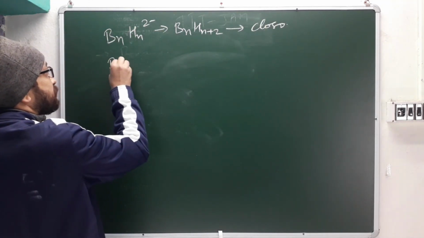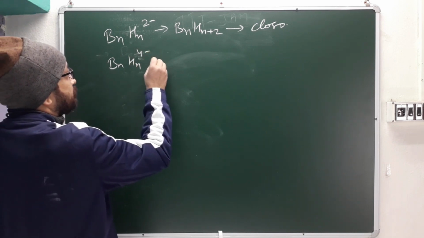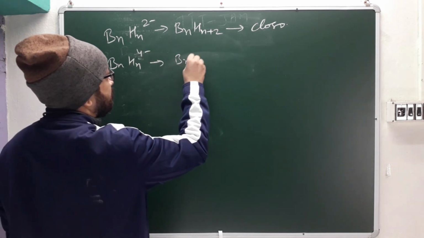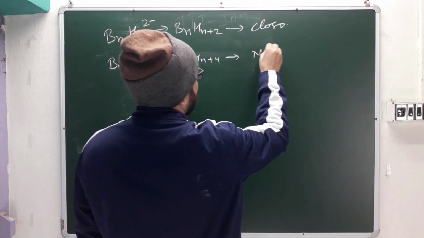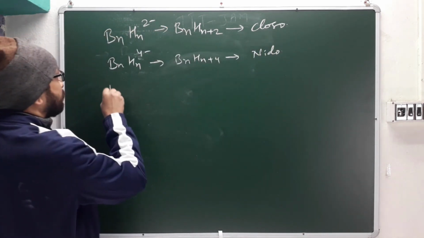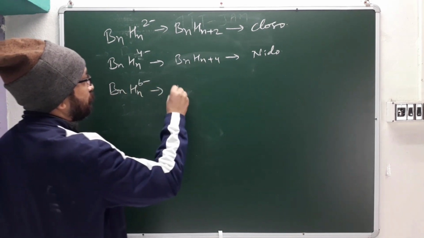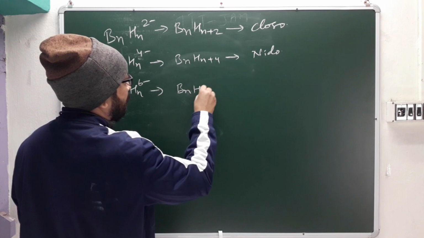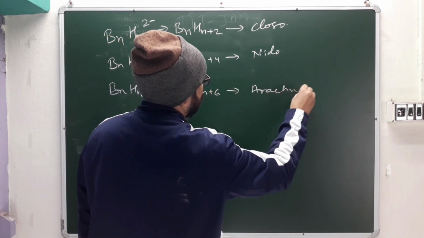If it is BnHn 4 minus, or BnHn plus 4, it will be nido. If it is BnHn 6 minus, or BnHn plus 6, it will be arachno.